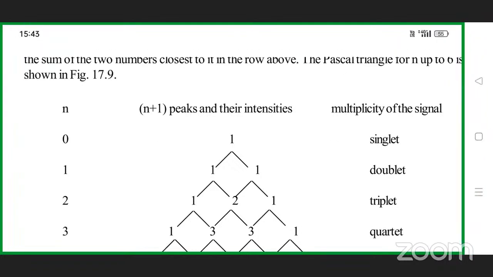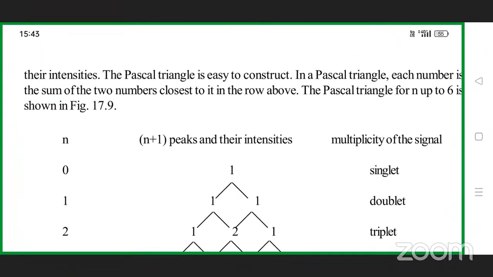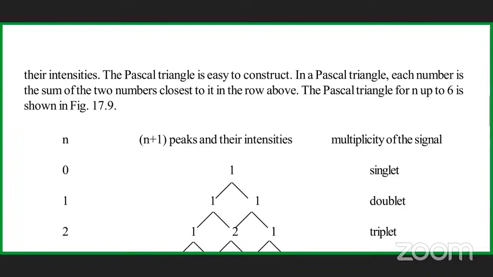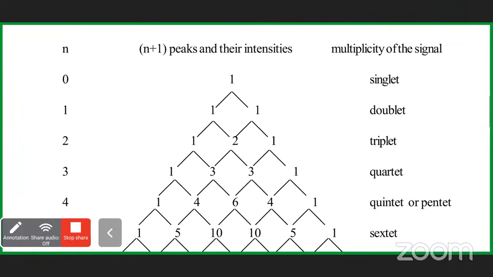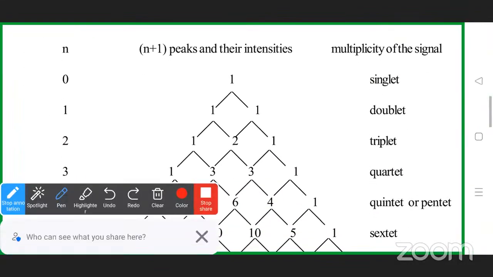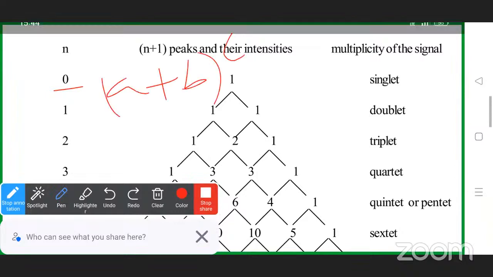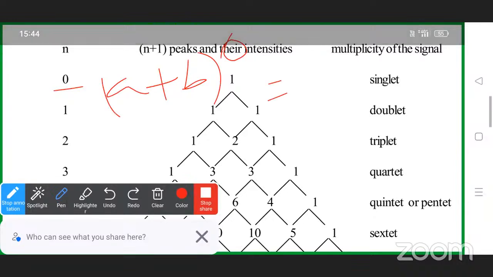Those who are good at maths are more aware of Pascal's triangle: how to draw it and what the consequences of the n values are. Here n equals 0, for example: when there is no neighboring proton, you get n equal to 0. So (a + b) whole power of n, how much is it?